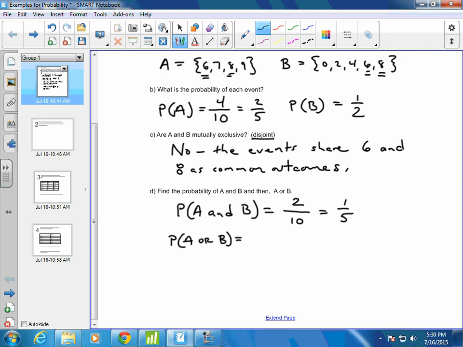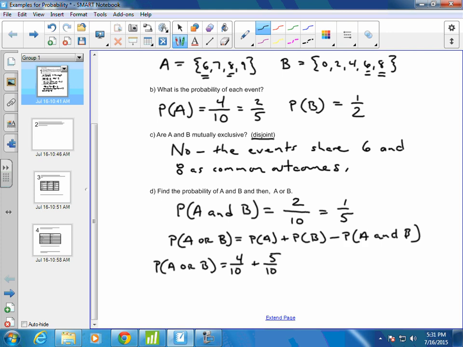So in general, the rule is probability of A plus probability of B minus probability of A and B. If we use this approach, we can say probability of A or B equals, well, probability of A, I'm going to go with things out of 10, so I have common denominators. 4/10 plus probability of B, we said would have been 5/10, minus the probability of A and B, which is 2/10.